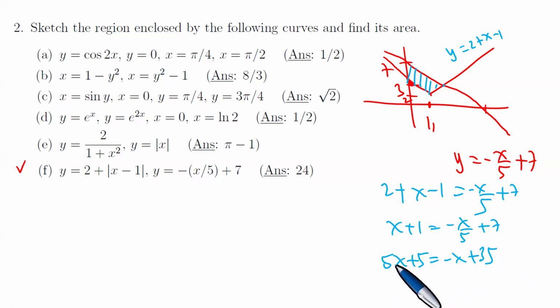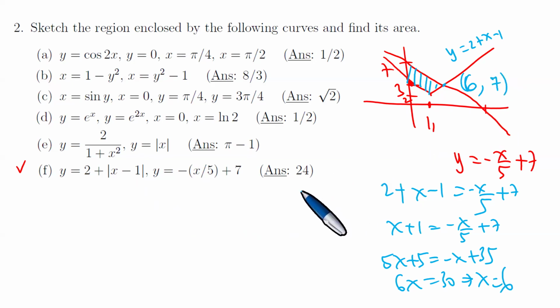Then you have 5x and x, you get 6x equals 30. X is 6. So this one is going to intersect at x equals 6. And then at y equals what? So when x is 6, you put 6 minus 1, you get a 5, plus 2, it gives you a 7. Okay, at that point there.